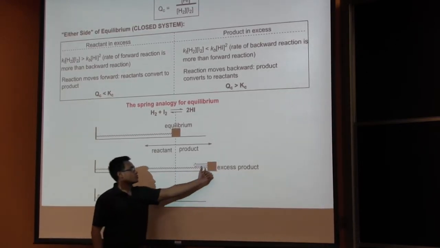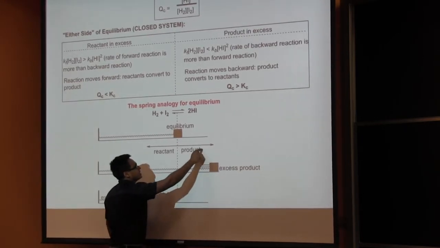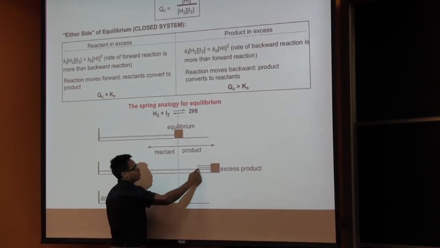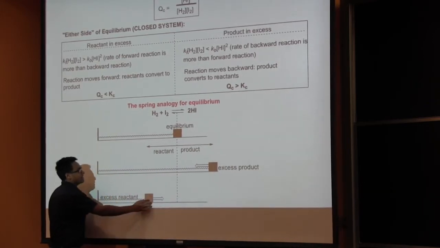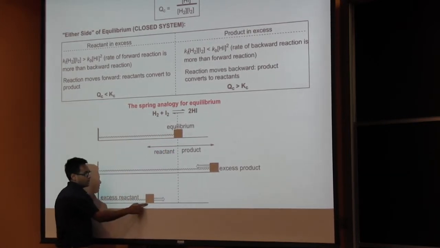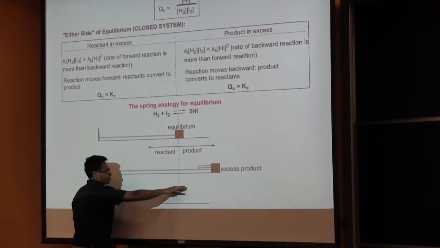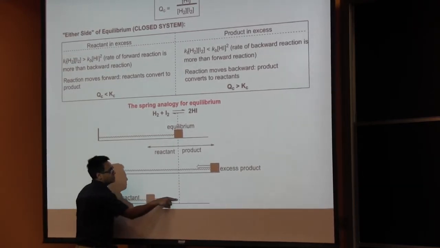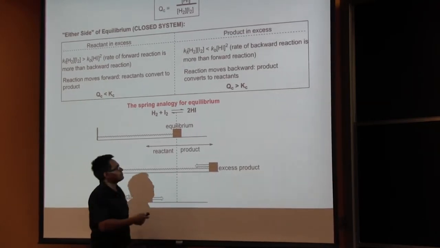Now, the spring, in order to reach equilibrium, will try to move this way, that is, in the direction of decreasing product. So your product will now convert to reactant. If you have excess reactant, that's like pushing the spring towards the wall over here. And now, the spring will want to go towards the equilibrium position, that is in the direction of decreasing reactant and increasing product. So the reactant will now go to the product.